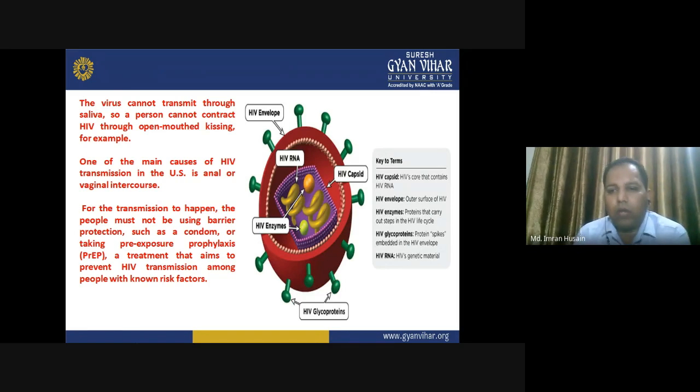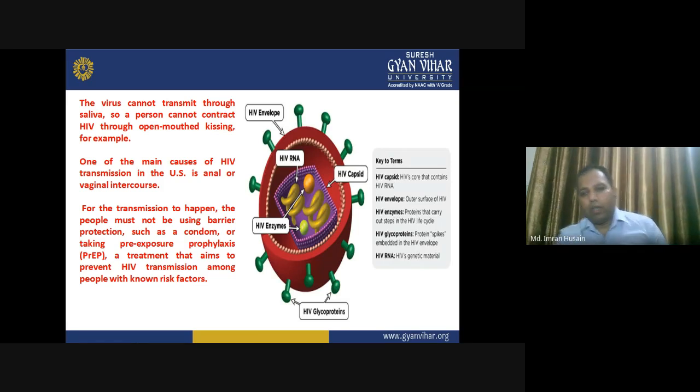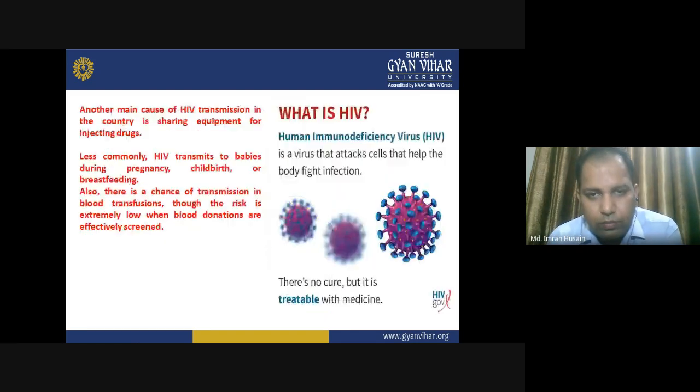The HIV envelope is the outer surface of HIV; it is a protein layer with the phospholipids of the host cell. HIV enzymes are proteins that carry out steps of the HIV life cycle. HIV glycoproteins are protein spikes embedded in the HIV envelope, and HIV RNA is the genetic material.